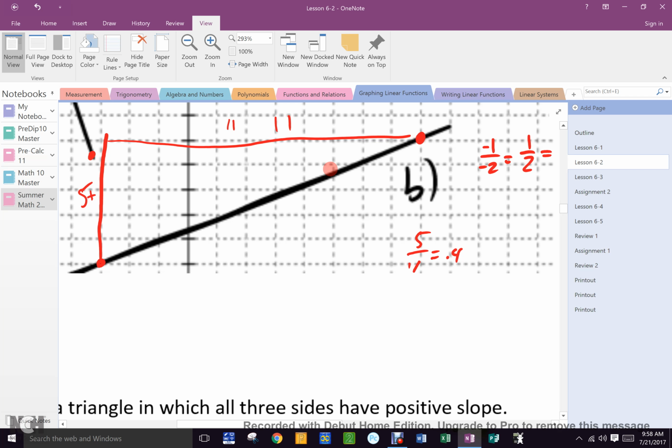Would I be happy if you told me the slope of this was 11 over 5? No, that's flat out wrong, because that's run over rise. But if you told me it was 5 over 11, or you showed me this, you went 1/2, do I care? If you do 1/2 and you show me that you understand it's rise and run, I'm okay. Everybody good? Yes.